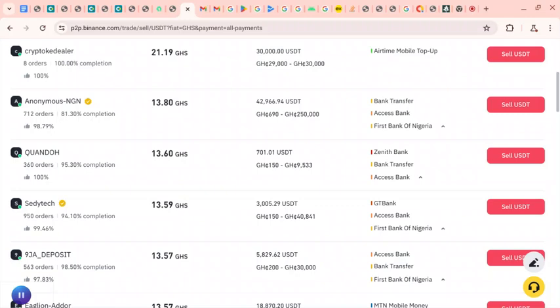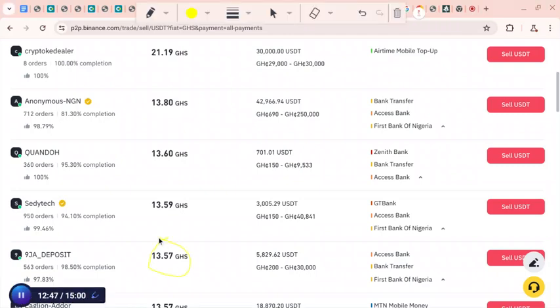If this shoots to 13.8, you have 230,000 Ghana cedis for investing 1 million Ghana cedis in it.